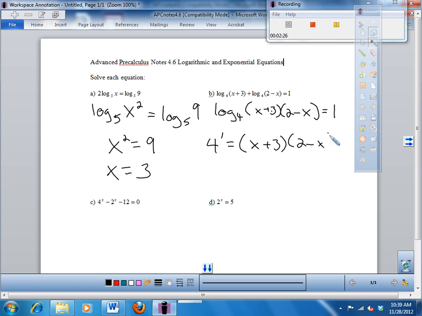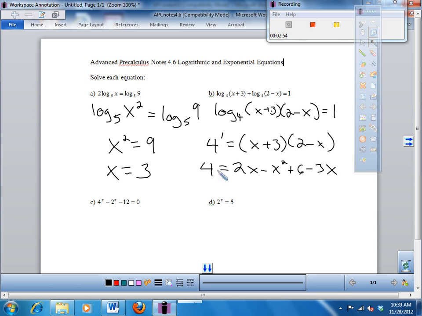And then you multiply stuff together. What's 4 to the 1? 4 equals, and then you have to FOIL this. First is 2x, outer is minus x squared, inner is 6, and last is minus 3x.